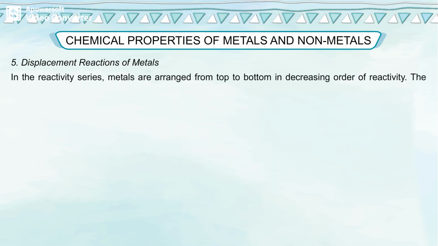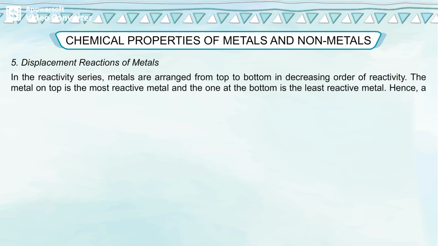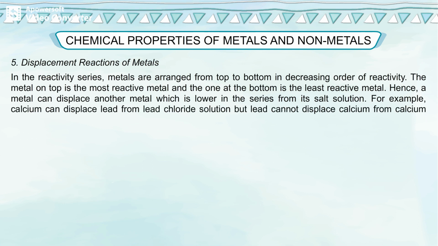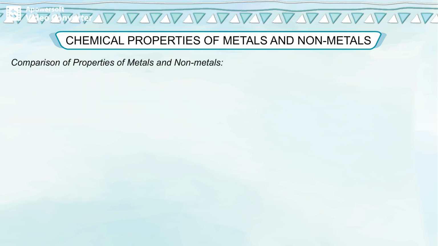In the reactivity series, metals are arranged from top to bottom in decreasing order of reactivity. The metal on top is the most reactive metal, and the one at the bottom is the least reactive metal. Hence, a metal can displace another metal which is lower in the series from its salt solution. For example, calcium can displace lead from lead chloride solution, but lead cannot displace calcium from calcium chloride solution.